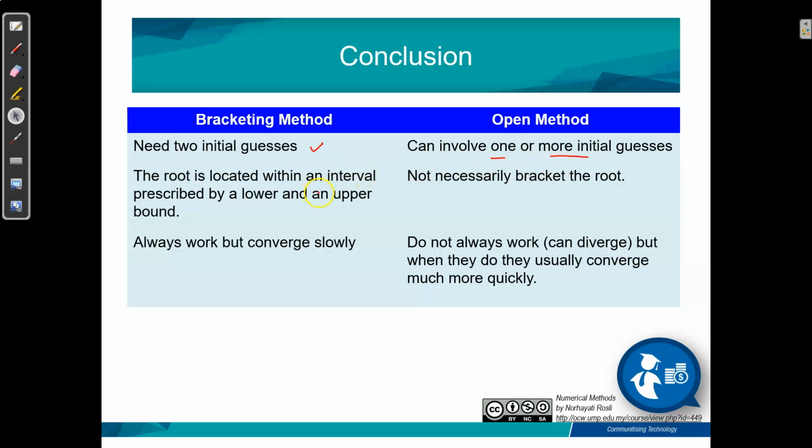And for bracketing, if you see for bisection and false position, the root is located within an interval. You have here XL and also you have XU. But for open method, not necessarily bracket the root, because of this, we call it open method.